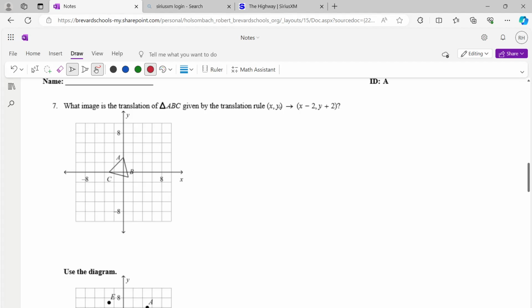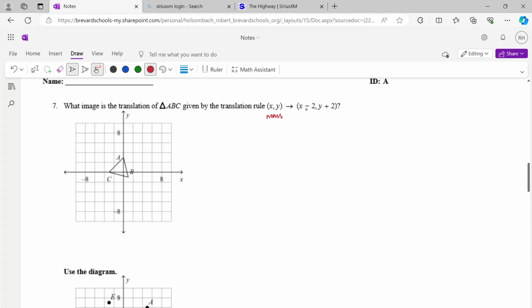All right, right here is a little bit of new terminology for problem number 7. What image is the translation of ABC given the translation rule? This translation rule says that for each (x, y) of the preimage, we're going to subtract 2 from each x and add 2 to each y.